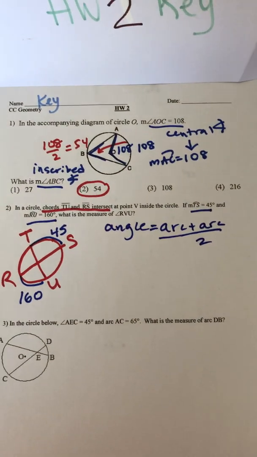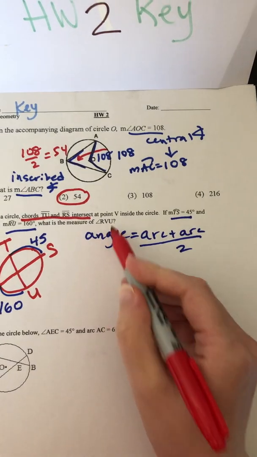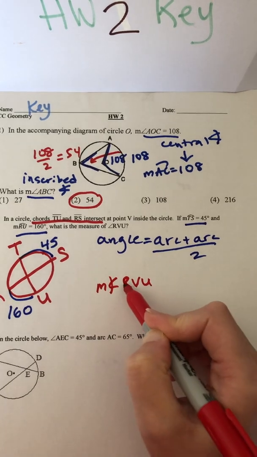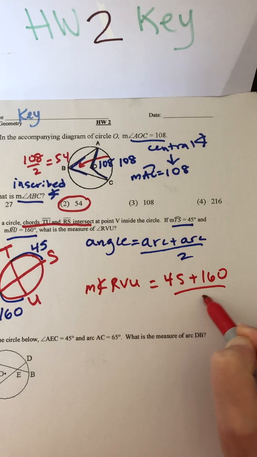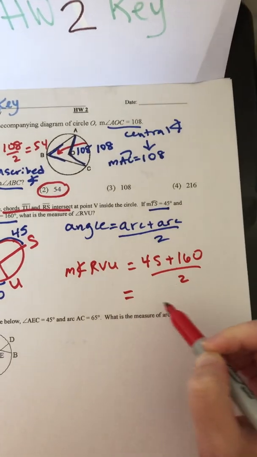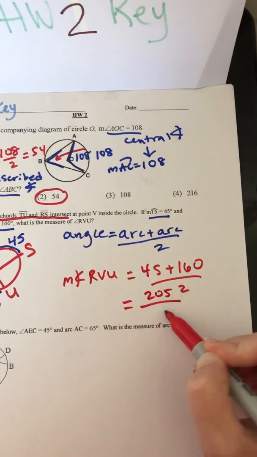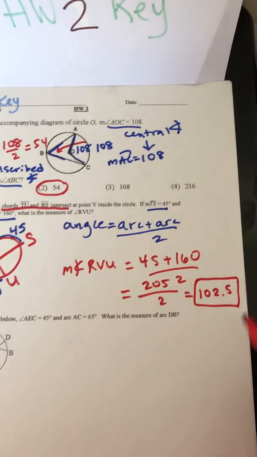I like to write the formula to remind me how to find whatever's missing. The angle is called RVU, but the arcs are 45 and 160. Add them, divide by 2. Make sure to add the numerator first. 45 plus 160 is 205. Then divide that by 2, you get 102.5.